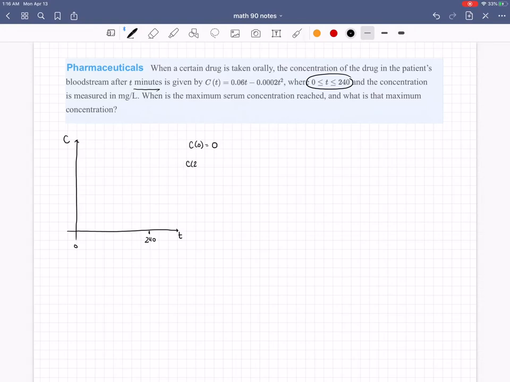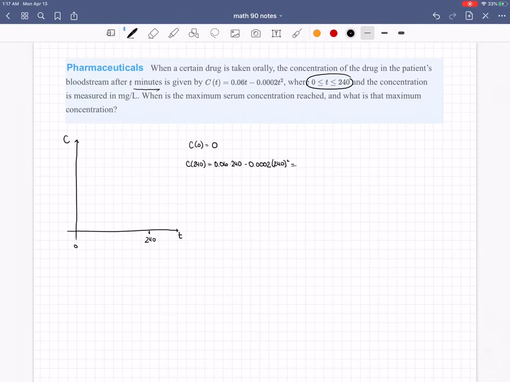And then C of 240, which is the time at which we stop monitoring the patient, is 0.06 times 240 minus 0.0002 times 240 squared. So I'm going to very quickly punch this into my calculator here.